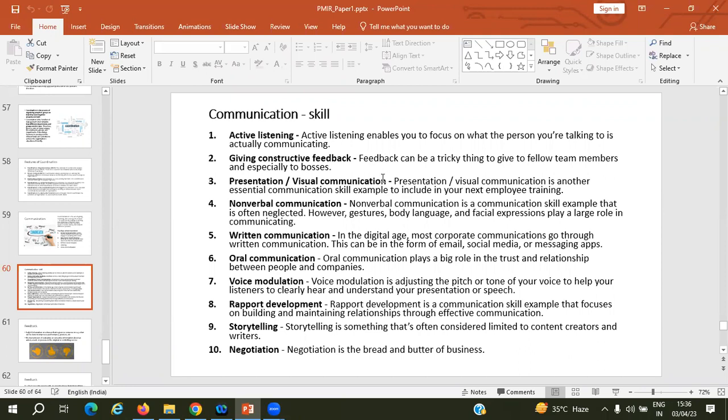You are listening to a speech, you are listening to radio or news. But if you are an active listener, you are understanding the gist of it. What is actually the discussion going on, what is being said, what is the message. That is called active listening.